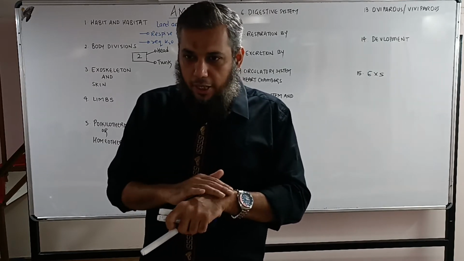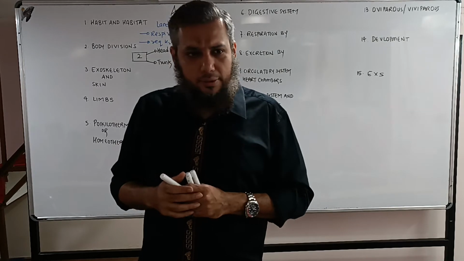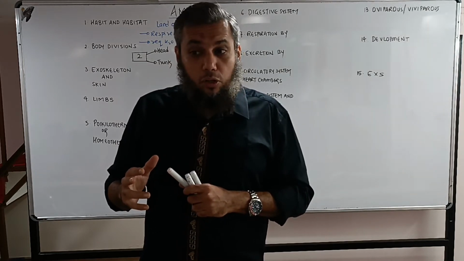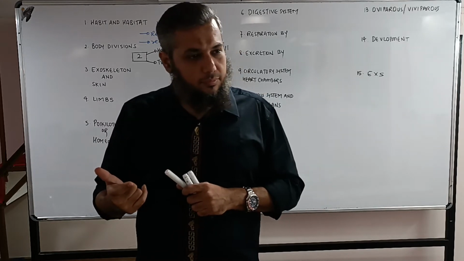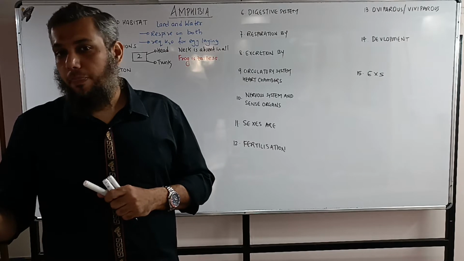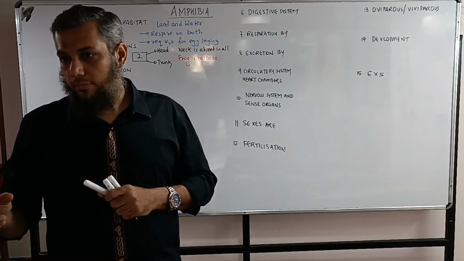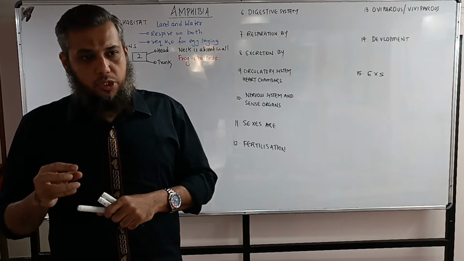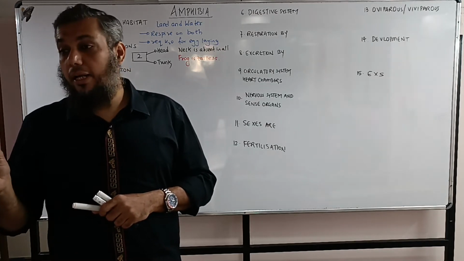Presence of an exoskeleton like hair or shell or whatever it is will make it easy or difficult to breathe. Difficult. So their skin is without any exoskeleton. समझ लो? And the skin is moist and it is glandular.